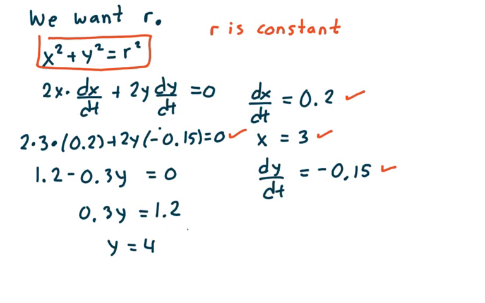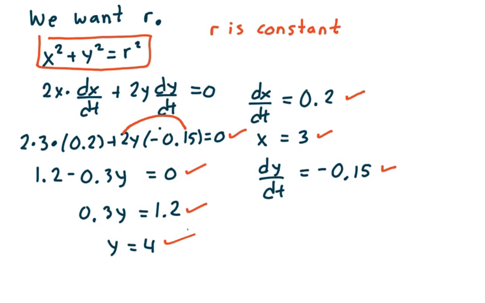So 1.2 minus 0.3y is equal to 0. So notice I took 2 times 0.15, and I got 0.3. And so that tells me 0.3y is equal to 1.2. And that tells me y is 4.